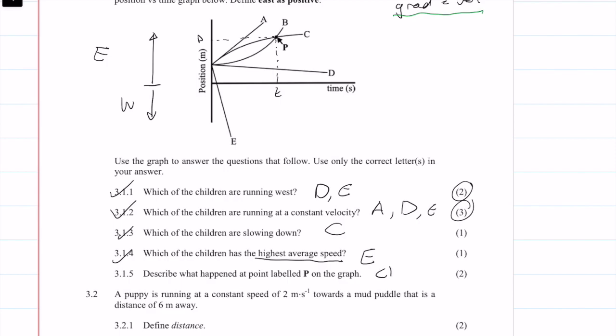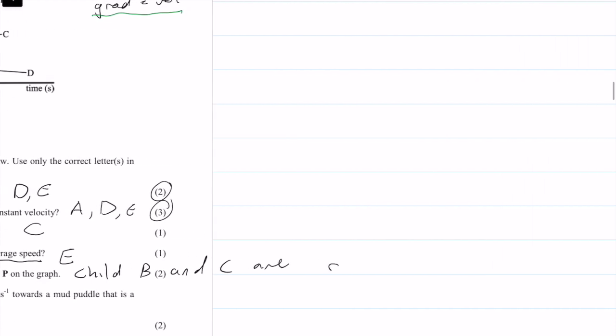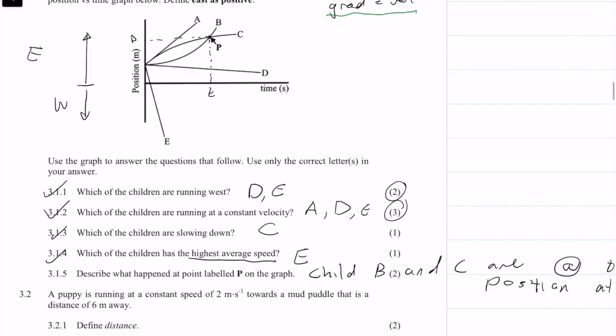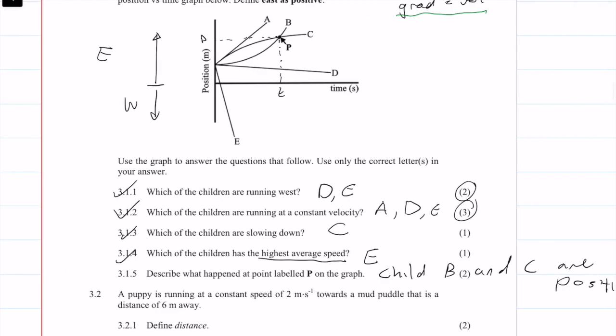So we can say that child B and C are at the same position at point P. They're in the same place basically.